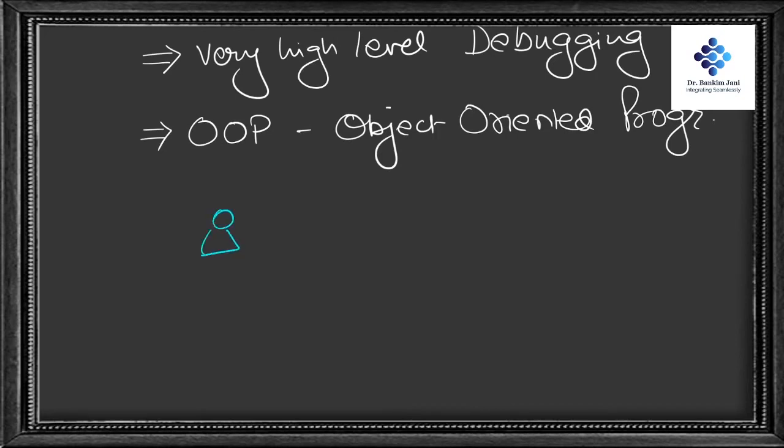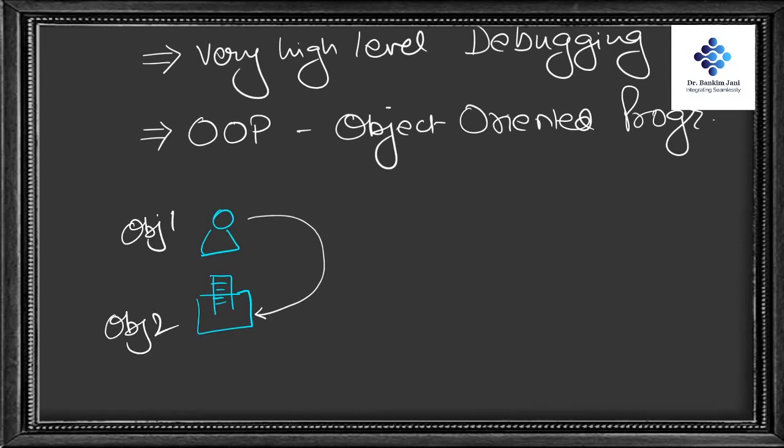User is an object, printer is an object, file is an object, everything is an object. And then the game starts: what right would this object have on a second object? So this is object 1 and this is object 2.